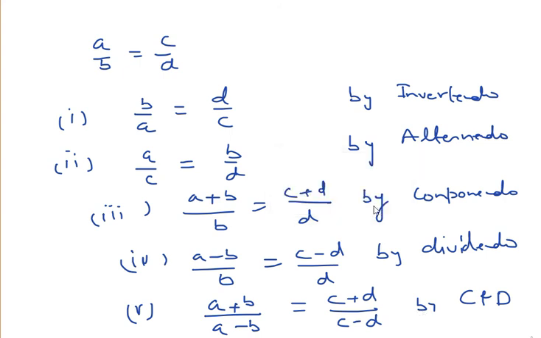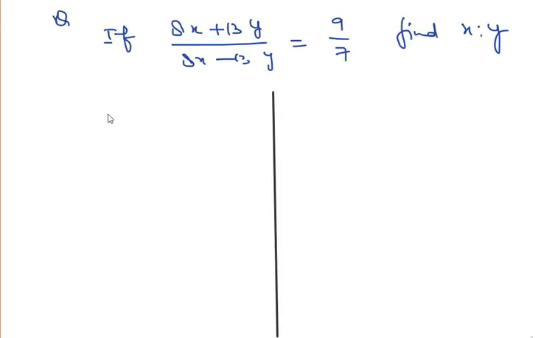The problem based on invertendo, alternando, componendo I am going to take. Now look at this question. It is given to us 8x plus 13y upon 8x minus 13y is equal to 9 upon 7. We have to find x ratio y. I am applying two methods over here.